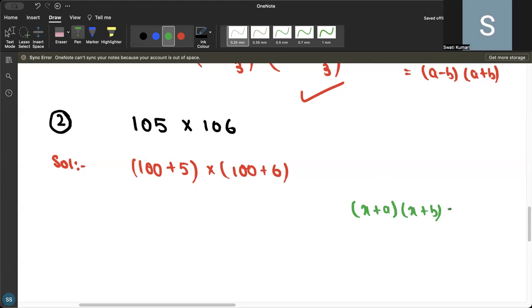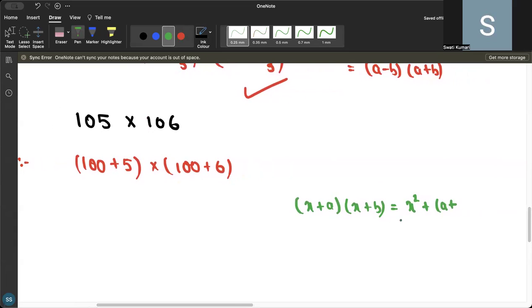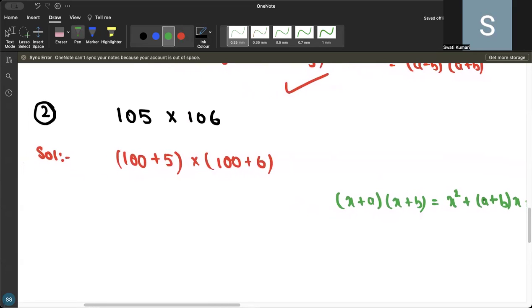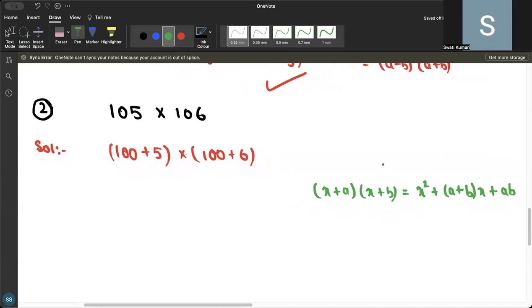Now, the formula for this is, and this is the formula that you have to remember, x squared plus a plus b times x plus a into b. So using this formula, it will become x squared, that means 100 squared, plus a plus b, that means 5 plus 6, times x, that means times 100, plus a into b, that means 5 times 6.